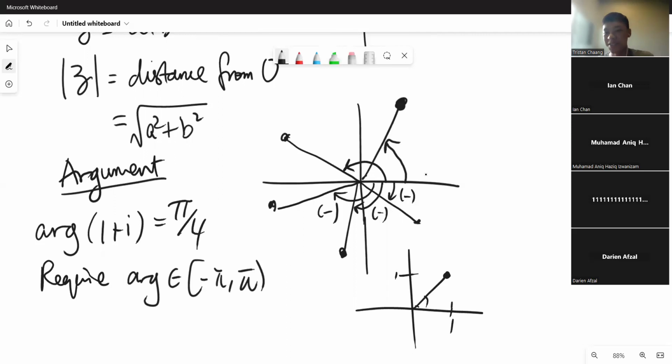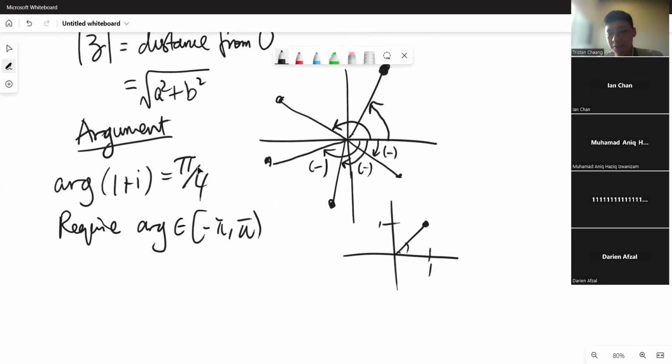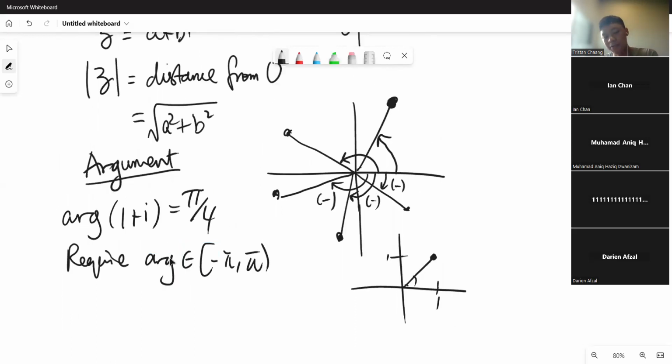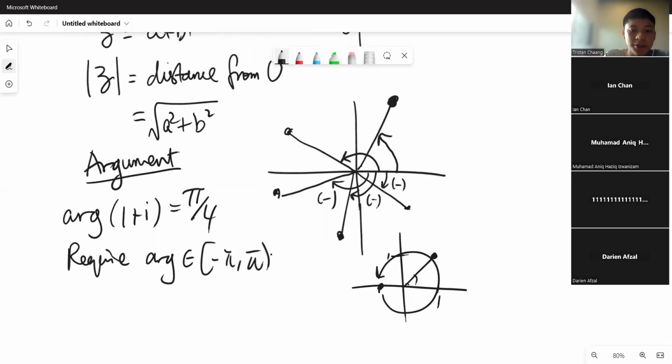You can work in systems where you work in 0 to 2 pi, but again, that's just a preference. What matters is that the argument is defined mod 2 pi. But if you don't mention anything, we'll just require the argument to be from minus pi to pi. Okay, so that's the argument.